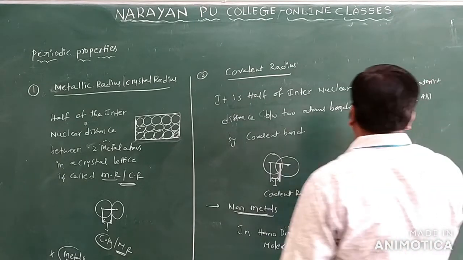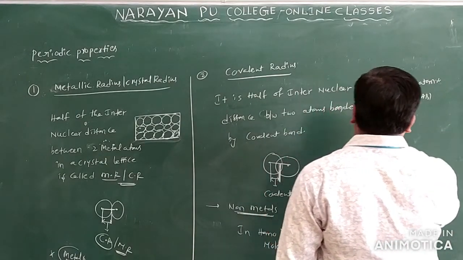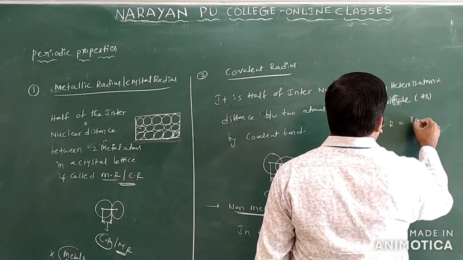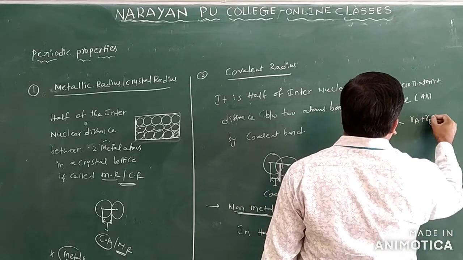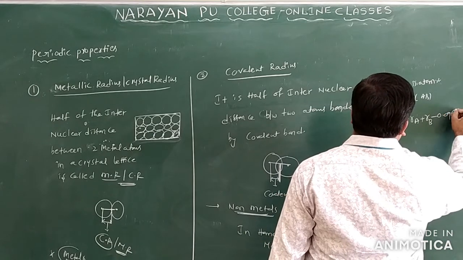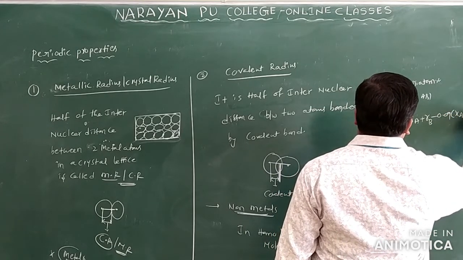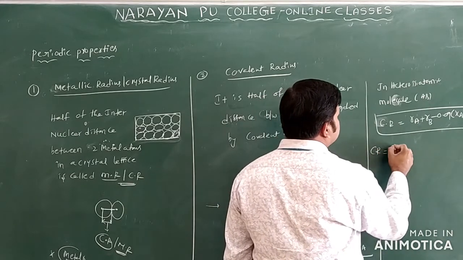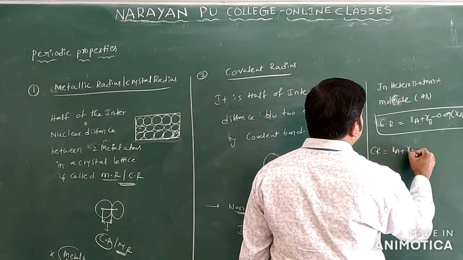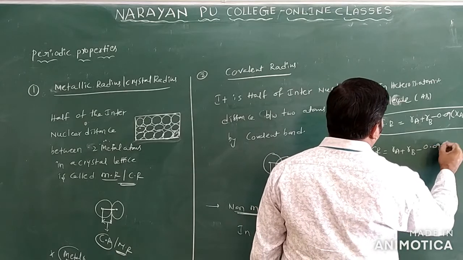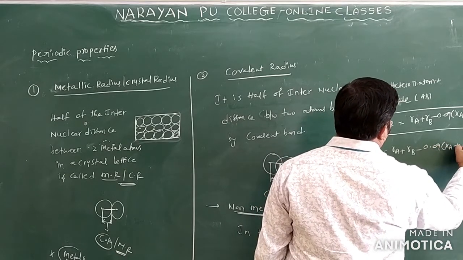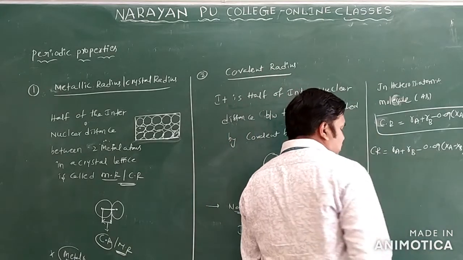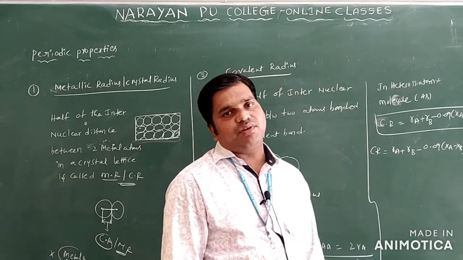Covalent radius is equal to RA plus RB minus 0.09 into XA minus XB only. I am writing the formula again: covalent radius is equal to RA plus RB minus 0.09 into XA minus XB. So here RA and RB are the radius of the A atom and radius of the B atom.